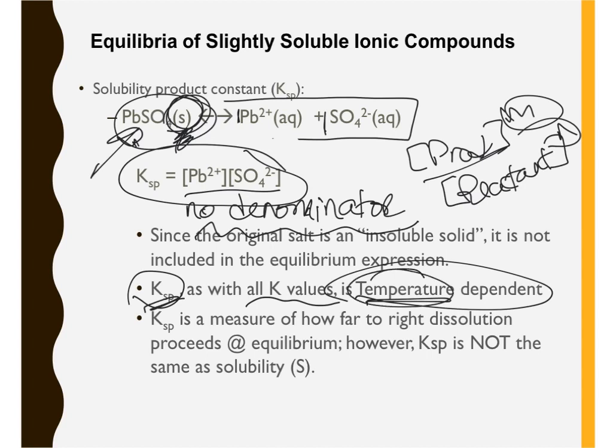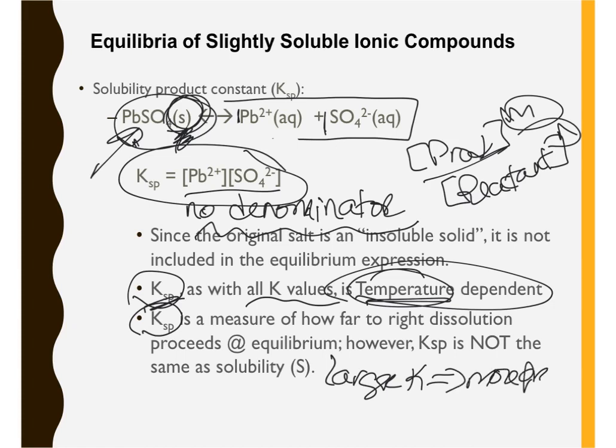That is the only thing. Now, we've talked about Le Chatelier and shifting a reaction left and right. Nothing that has anything to do with Le Chatelier changes the actual value of K. Only temperature does.